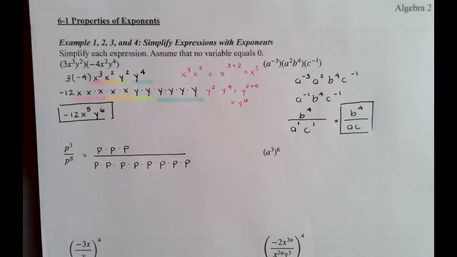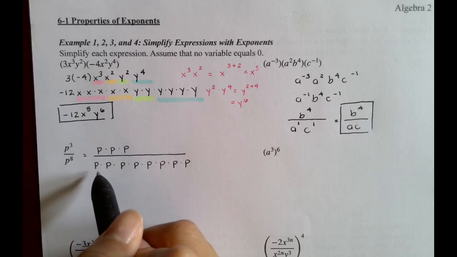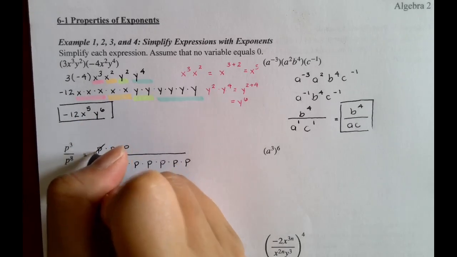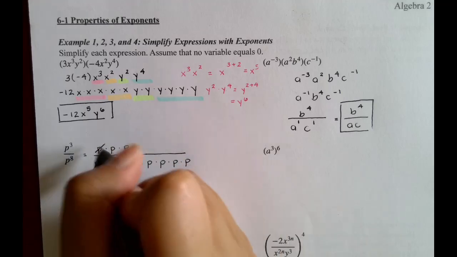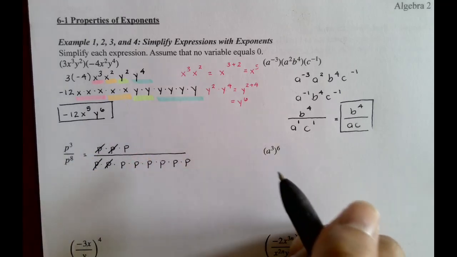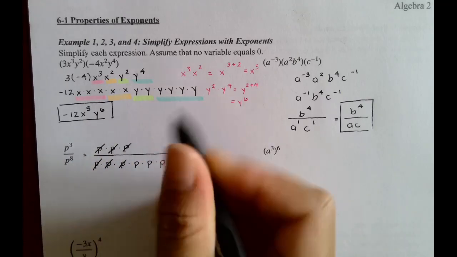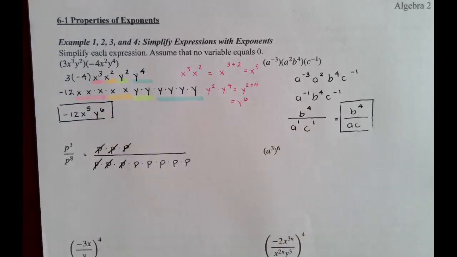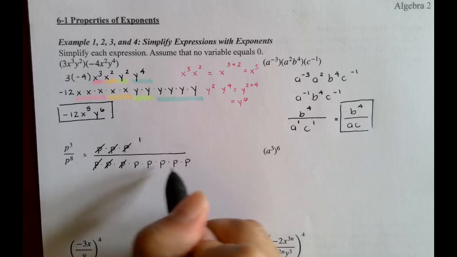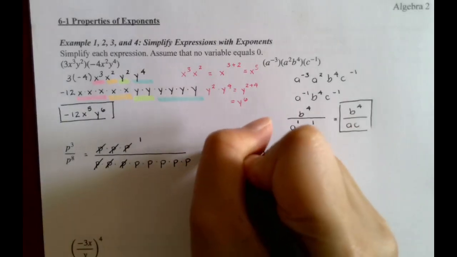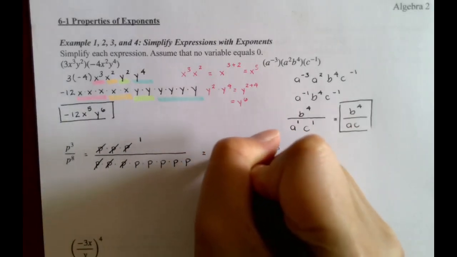And so here we know that anything divided by itself is 1. So p divided by p is 1, and 1 times anything is itself, so that doesn't change anything. P divided by p, p divided by p, so now this is all 1. And then here is p to the fifth, so it's 1 over p to the fifth.